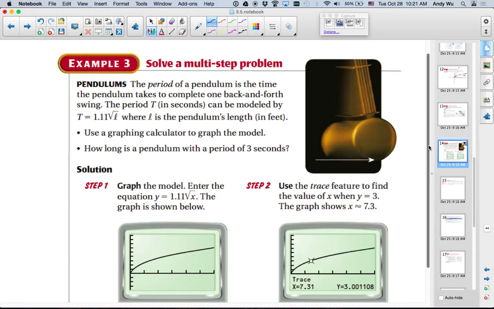That time is based on only one variable, which is the length. It's not even based on the weight on the bottom. And that's how, in the old days, the clock worked, by having a pendulum that bounced on the side, on the bottom. You just measure the length, and you just have to let it swing.